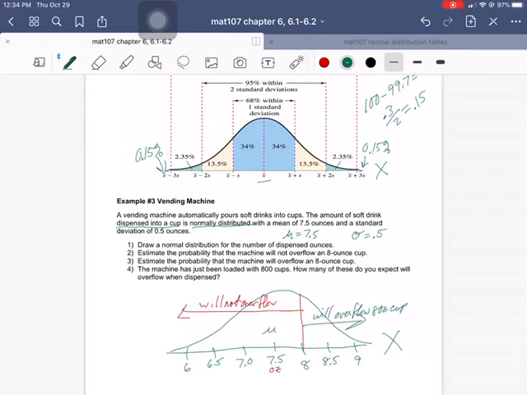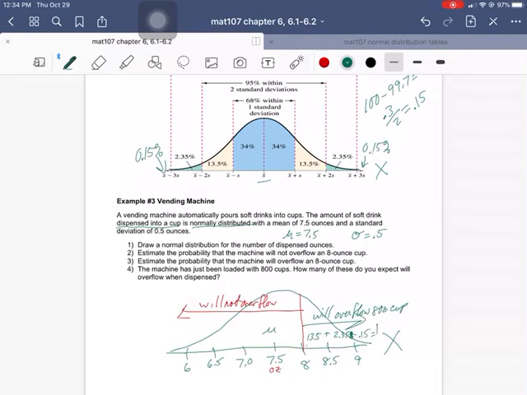And if you're using the empirical rule above here, you can figure out the probability of these different directions. So the chance that it will overflow between here and here, look above, is 13.5%. You add that to the 2.35%, don't write the percents in there, plus that 0.15 on the end.